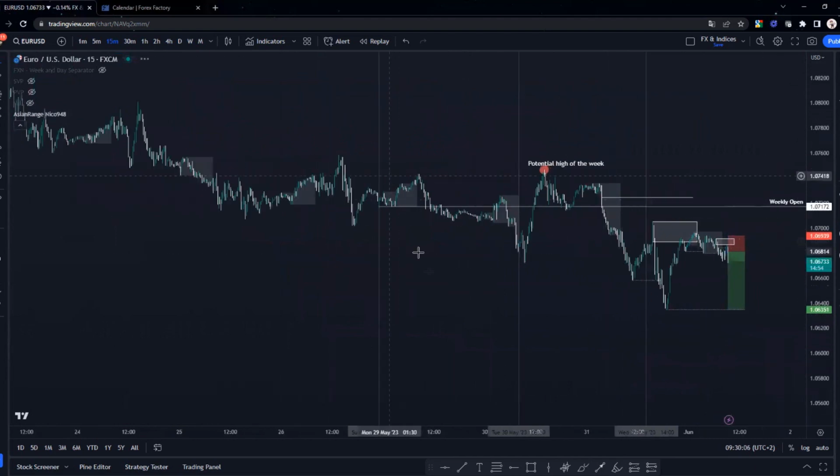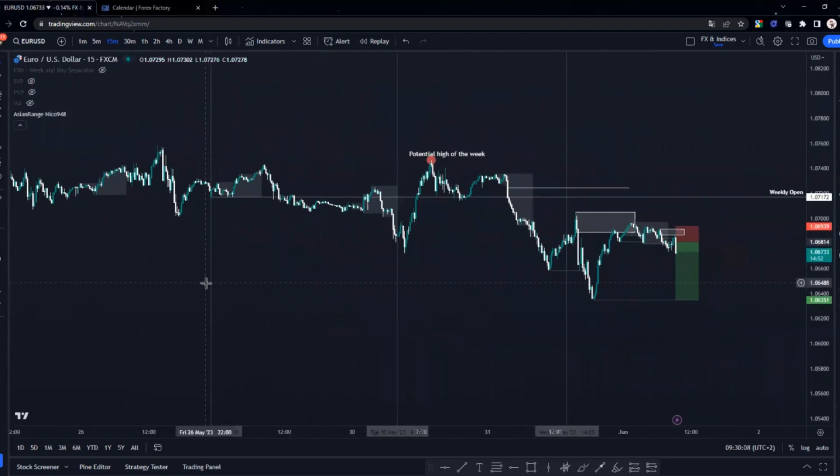Yeah, the overall analysis is this is the start of the week over here. This is the weekly open, weekly candle open. Price pushed upwards at the beginning of the week, and formed a new low here, and formed on Tuesday a potential high of the week.